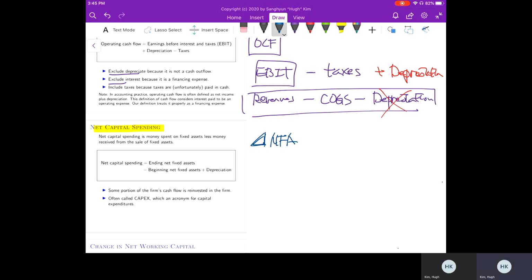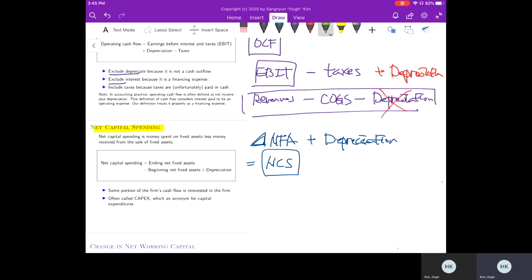So net capital spending is the change in net fixed assets, and you have to do some adjustment. You have to add back depreciation. So that is net capital spending. And net capital spending is often called CapEx, which is short for capital expenditure. So net capital spending and CapEx mean more or less the same thing.